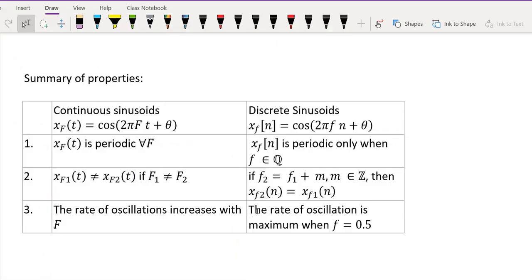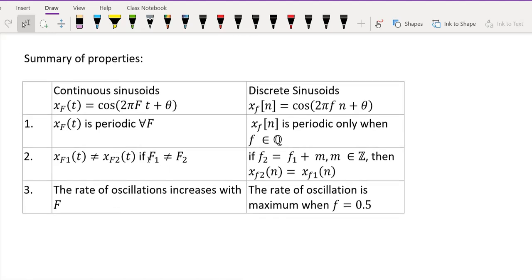Let's summarize what we saw so far. Continuous sinusoids are periodic for all frequencies, whereas discrete sinusoids are periodic only when f is a rational number. In the continuous case, two different frequencies result in two different sinusoids.